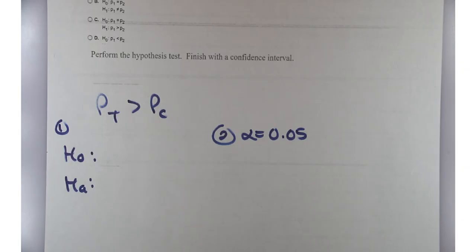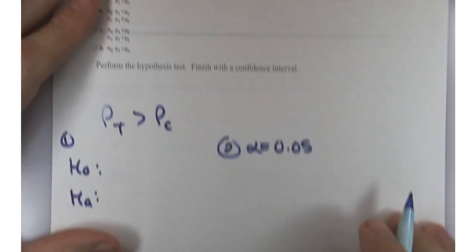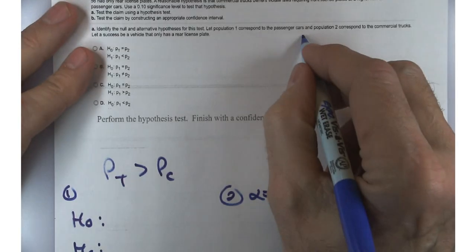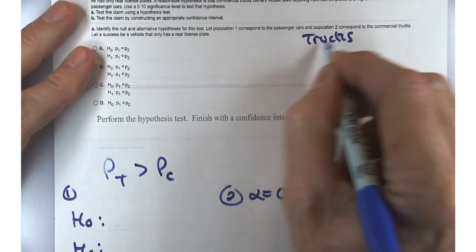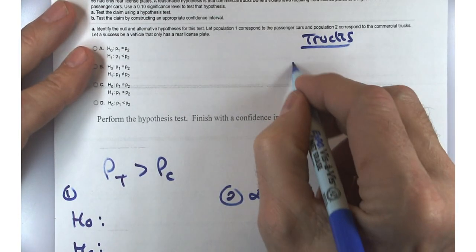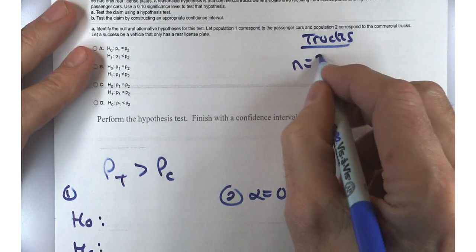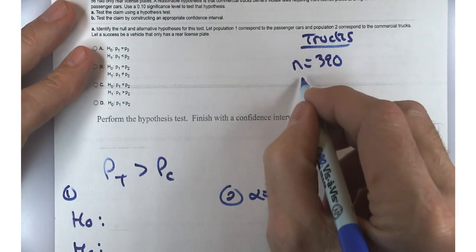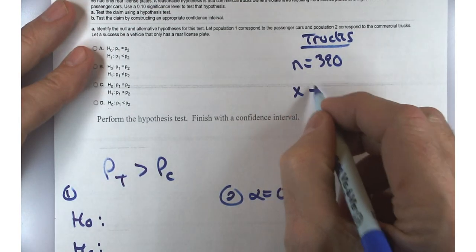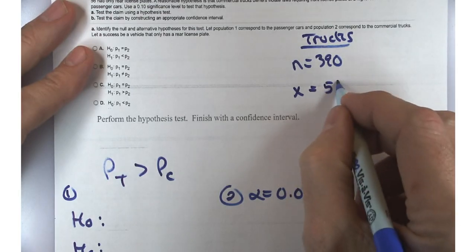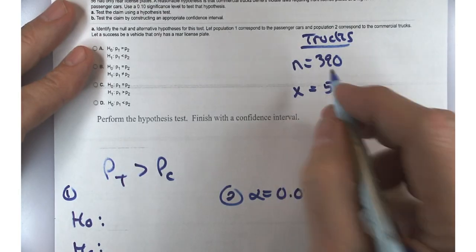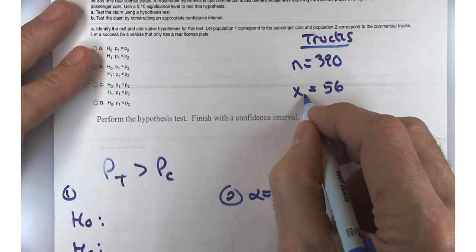Let's keep track of some data here. For trucks, N equals 390 trucks, and of those, 56 violated the two license plate rule or law.